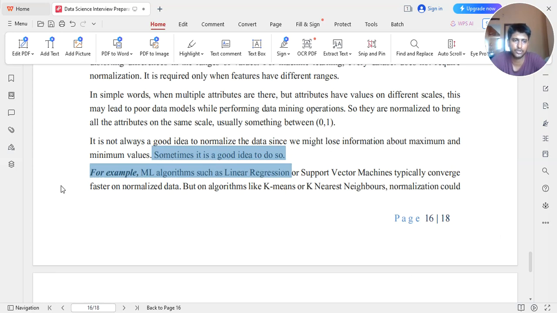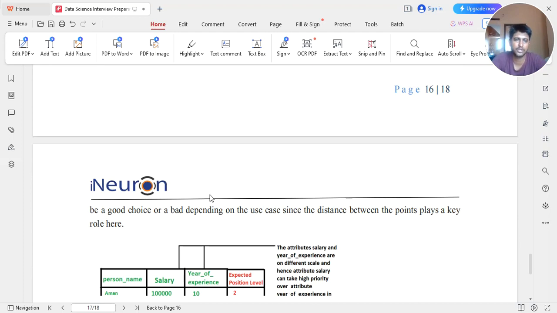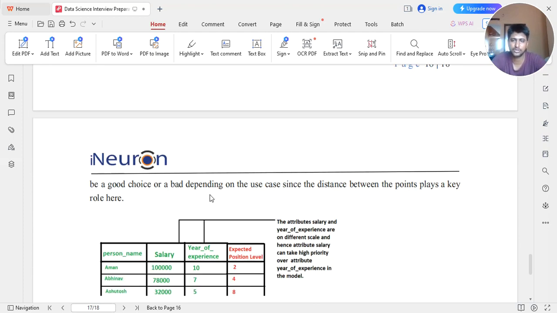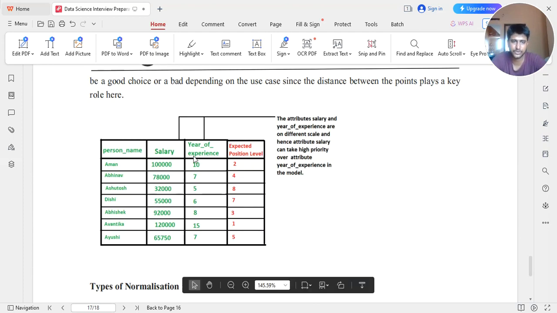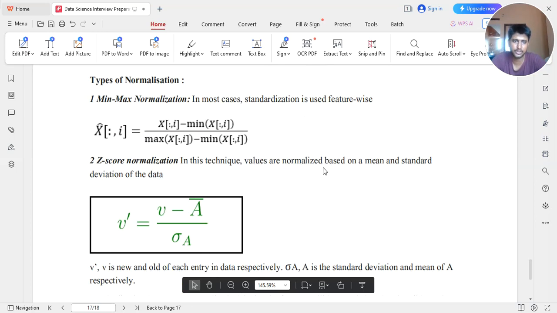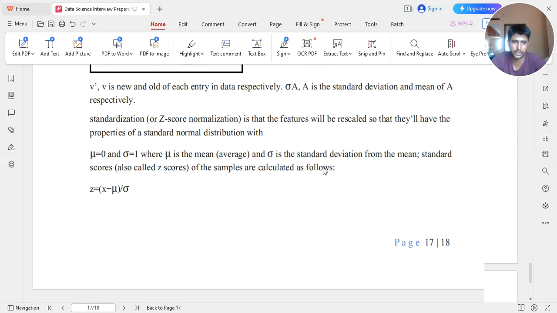For example, ML algorithms such as linear regression and support vector machine typically converge faster on normalized data. For algorithms like k-means and k-nearest neighbors, normalization could be a good choice. So we will do min-max normalization.